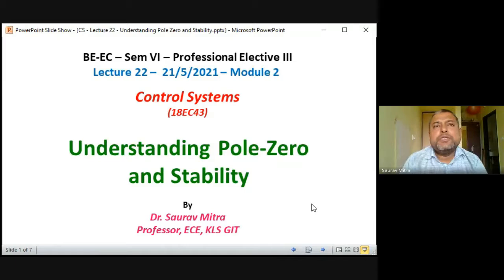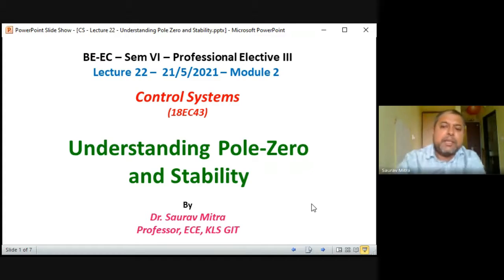But if it's a two pole system, suppose 1 by (s+2)(s+3), and we are inserting another stable pole, the transfer function becomes 1 by (s+2)(s+3)(s+5), like that. But system stability in that case reduces.